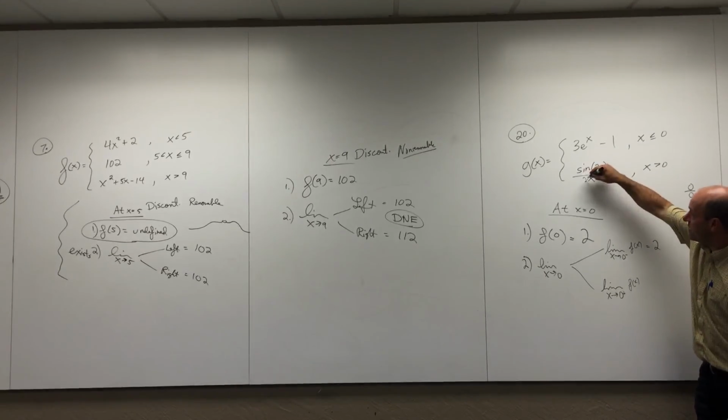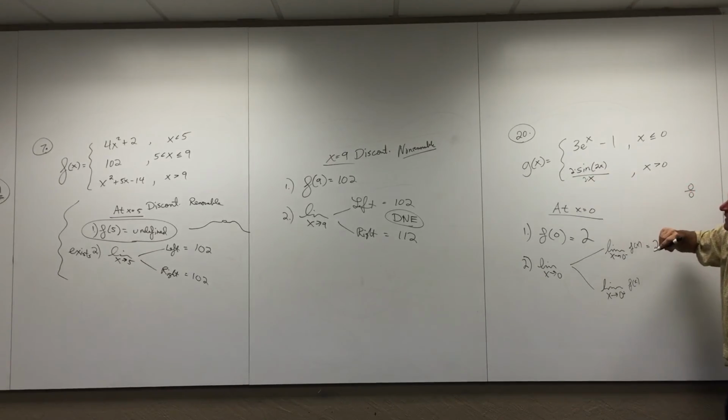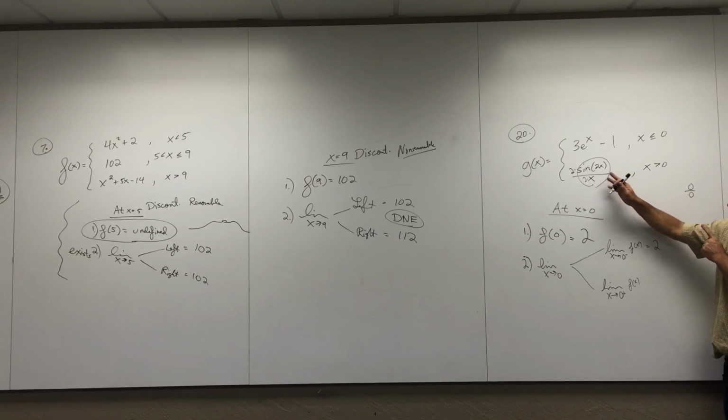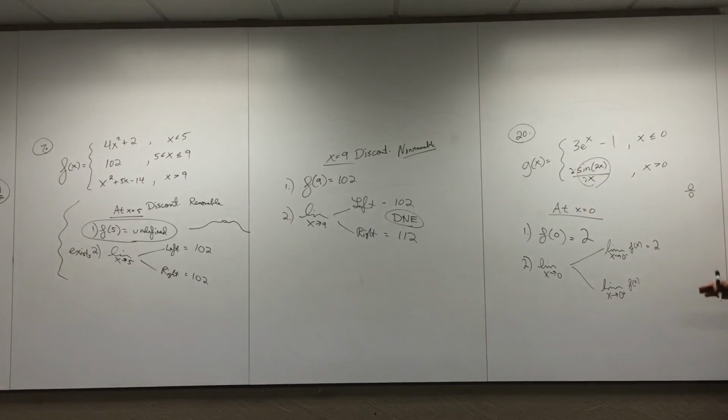So I'm putting a 2 here and a 2 here. That is the theorem which says it's 1. 1 times 2 is 2. The from the right meant I was working here, and anyway, I get a 2. Are you guys all right?